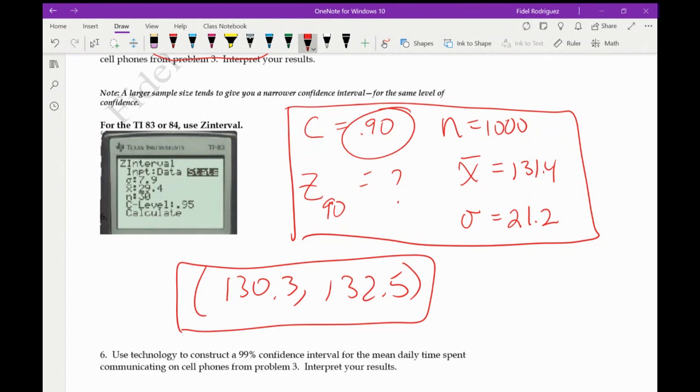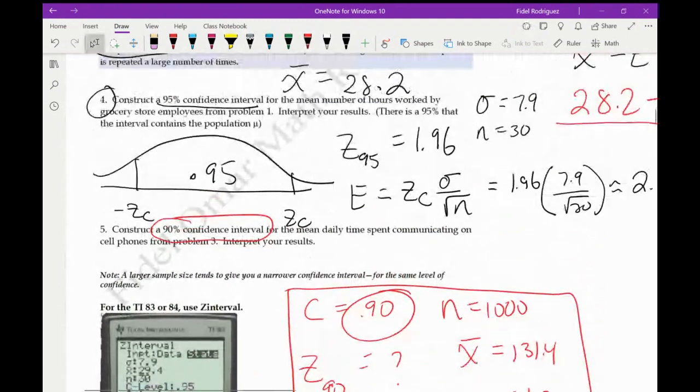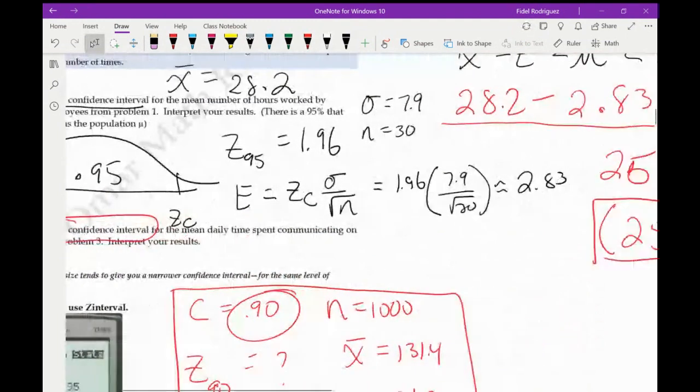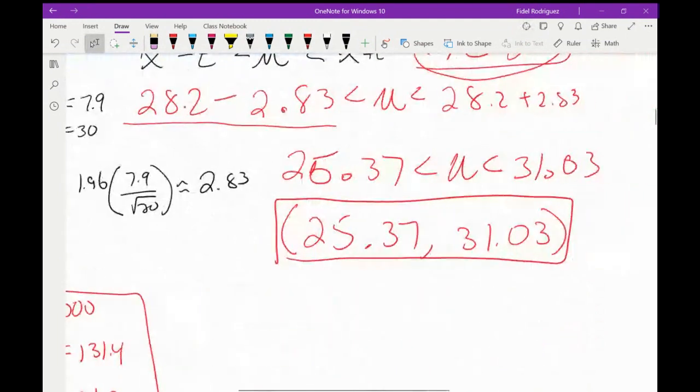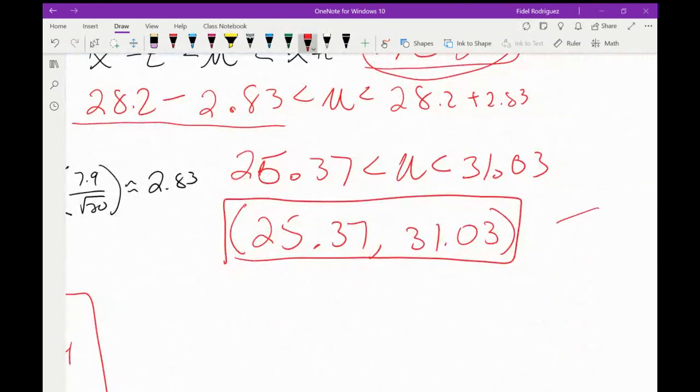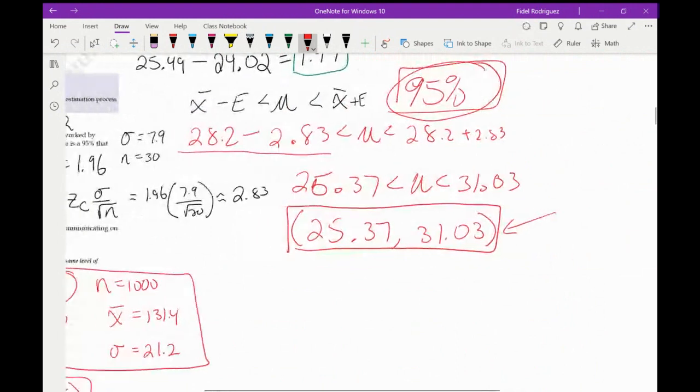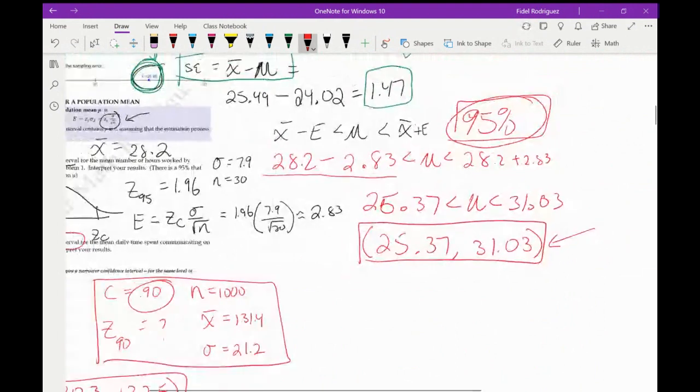So guys, to show you that this little process on my calculator works, for problem number 4, look at the answers that we came up with. When we did this by hand, we came up with 25.37 and 31.03.